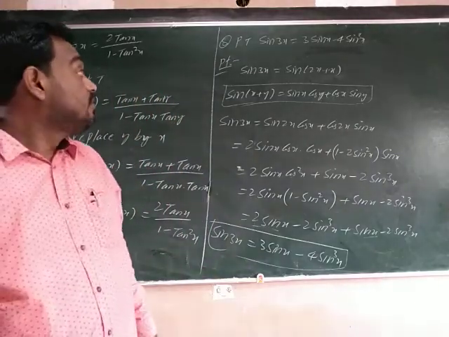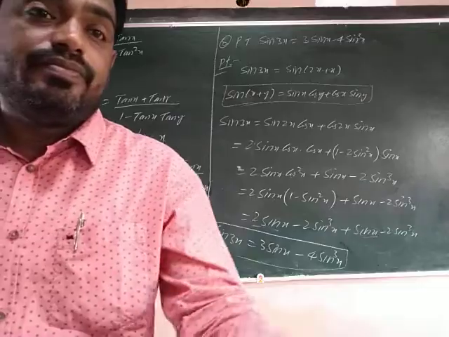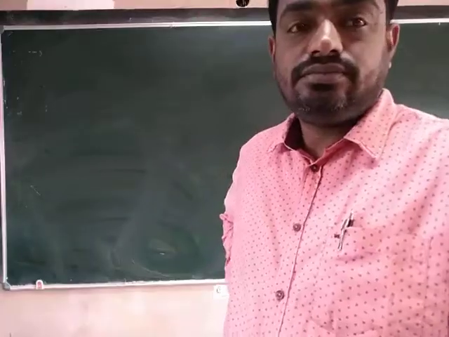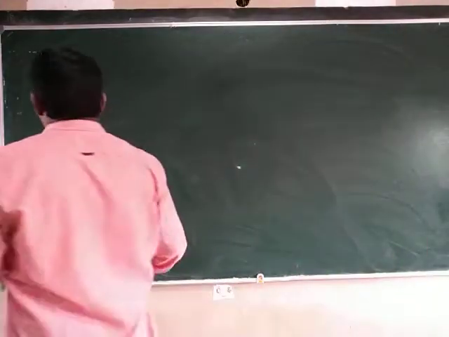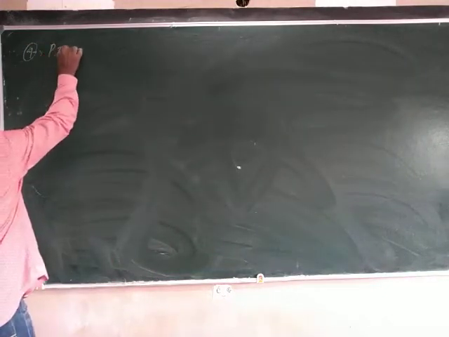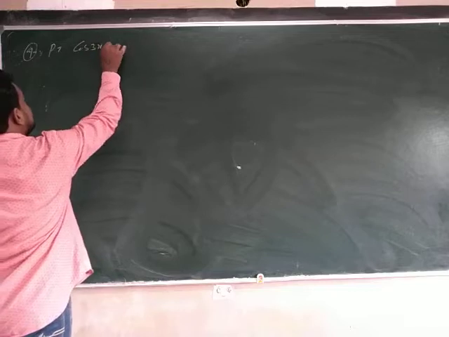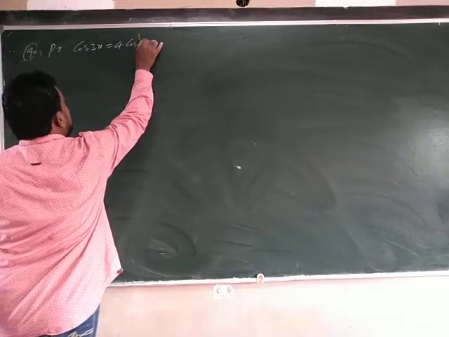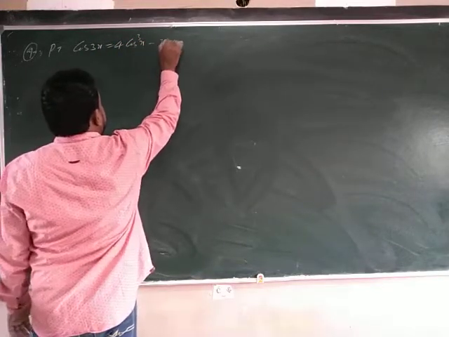Next, cos 3x. Ninth one. Prove that cos 3x is equal to 4 cos cube x minus 3 cos x.